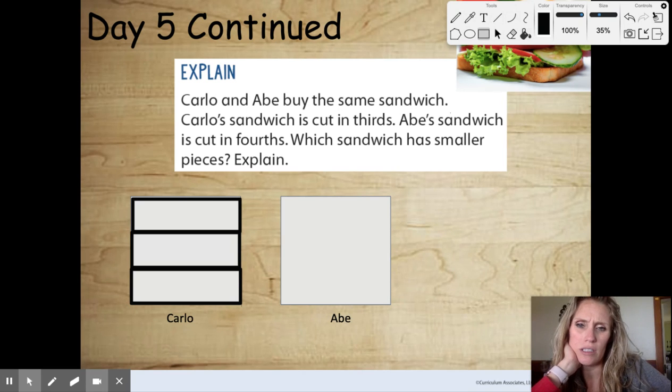All right, let's look back at the problem because I still have Abe, his sandwich, and how he cut it. Let's go back and reread. Abe's sandwich is cut in fourths. Okay, so we're thinking fourths. How many parts would I need to cut that into? Go ahead at home if you're doing it with me. Try to cut Abe's sandwich in fourths.